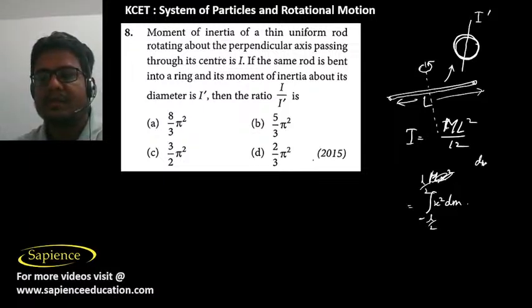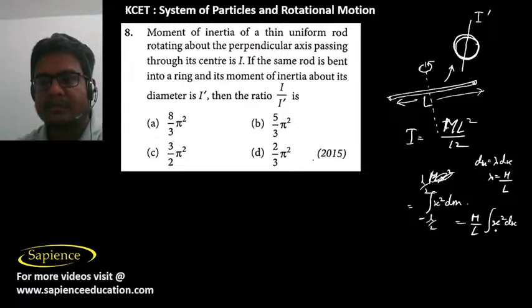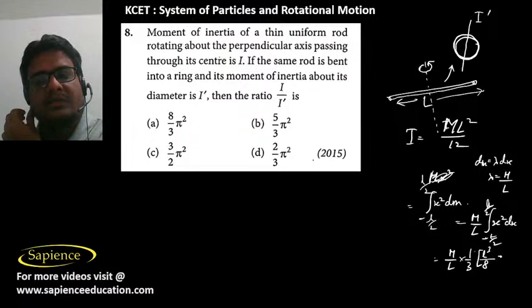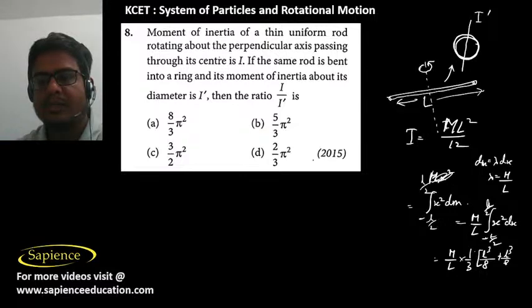Now dm is equal to lambda into dx, where lambda is mass per unit length. So this will be m by L into the integral of x square dx from minus L by 2 to L by 2. So this will be m by L into x cube by 3, which is 1 by 3 into x cube. So this will be L cube by 8 minus of minus L cube by 8, that is plus L cube by 8. So this is L cube by 4, and so this will be ml square by 12.